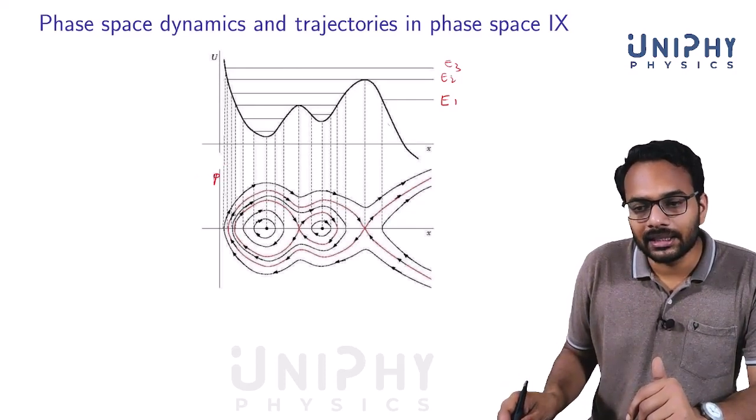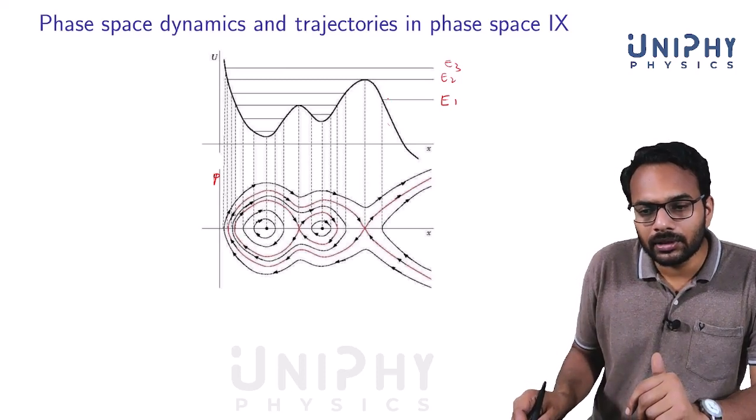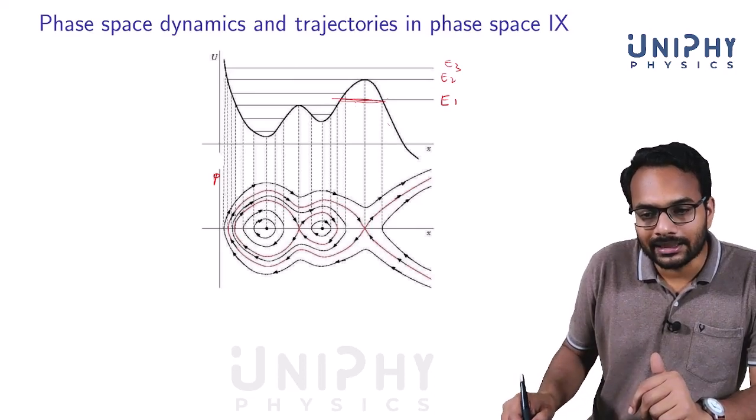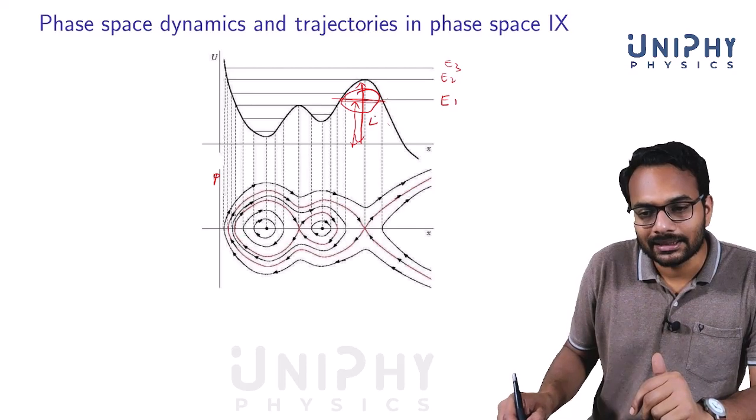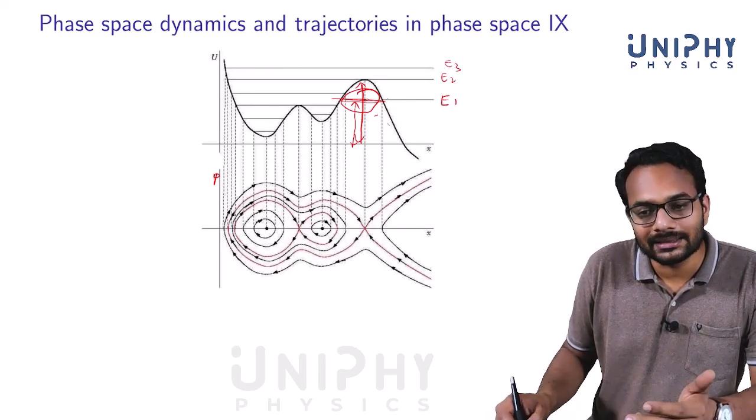Now you look at this E1 line, you continue this E1 line, you see that this height is the energy. This height is less than this height. So in this region, the total energy is less than the potential energy.